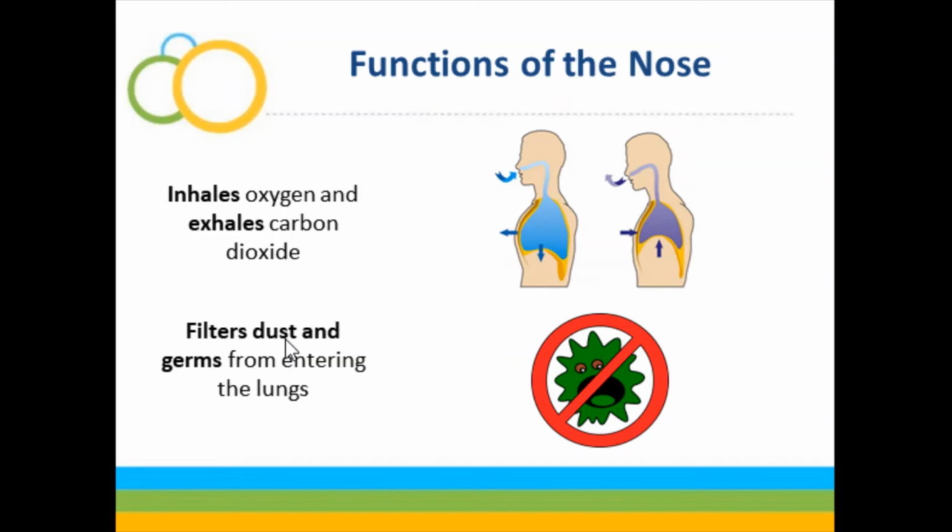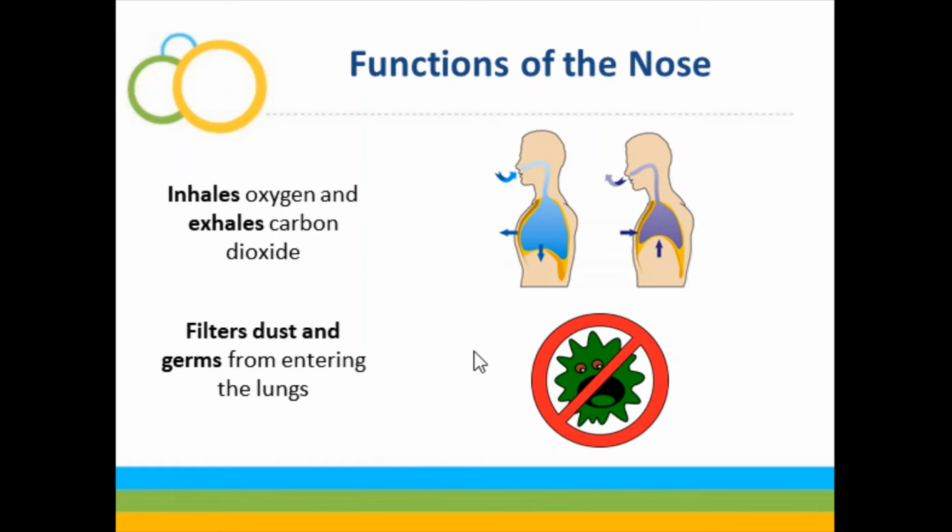Number 2. There is a part of our nose that filters dust and germs from entering the lungs. For example, let's say if you go to Bangkok. In Bangkok, there are a lot of cars, right? And a lot of dust, a lot of smoke, a lot of germs, and a lot of bacteria.